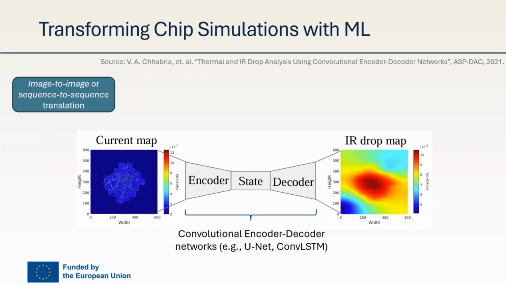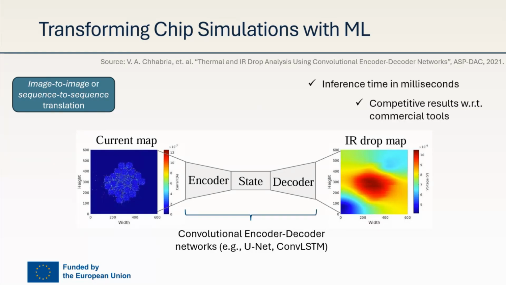And how it works is that the network takes as input power distribution maps and PDN characteristics, and it generates high-resolution thermal and IR drop maps in milliseconds and with very low relative error.